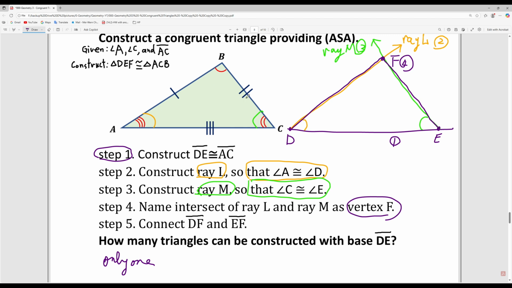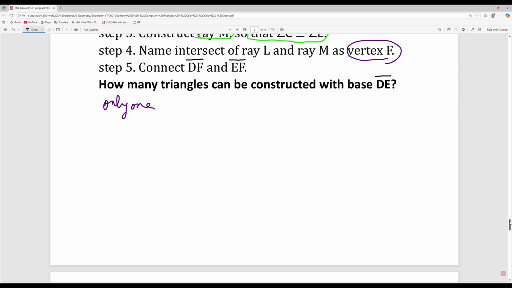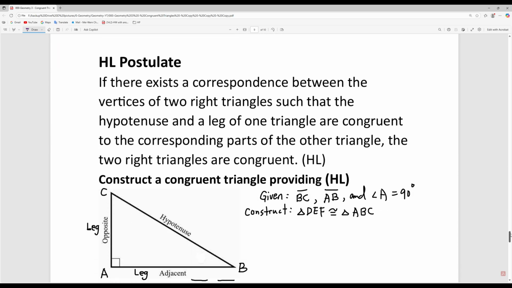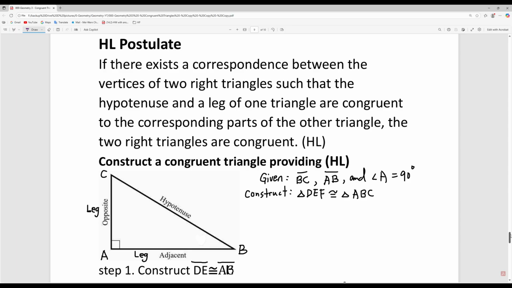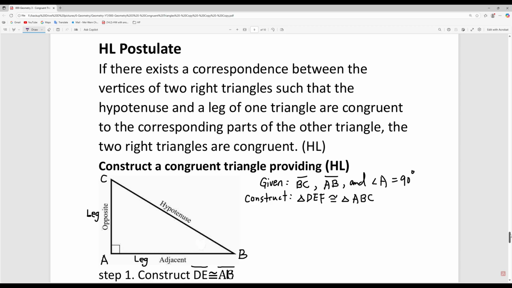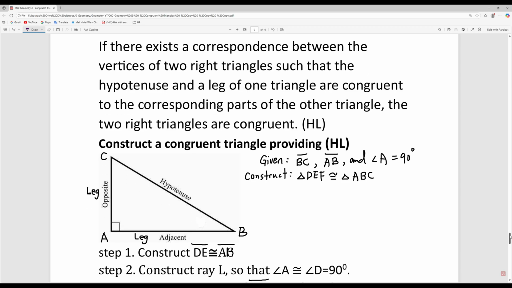So same thing, you can try these 5 steps on top of the original triangle to make sure you agree they will have exactly fit, point for point, side for side, angle for angle. Now, HL, when you have hypotenuse and the leg, we are talking about the 90-degree right triangle.